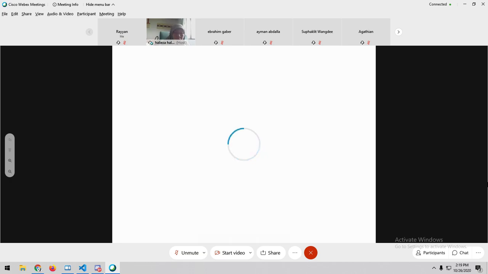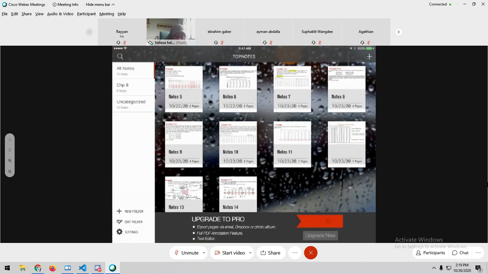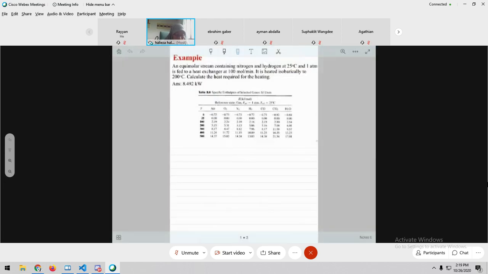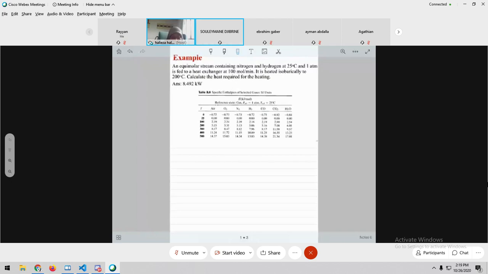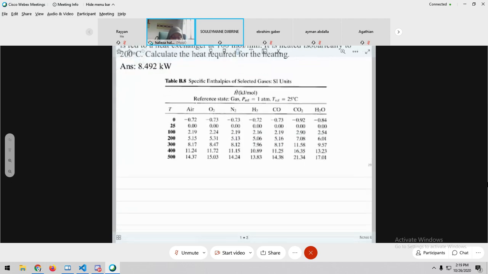Okay, this is not the example that I want. Where is the example? Okay, can you see the screen, please? Is it too small? Can I enlarge it? You can enlarge the screen on your side, can't you? Yes, we can. Good. Okay, now I enlarge it.